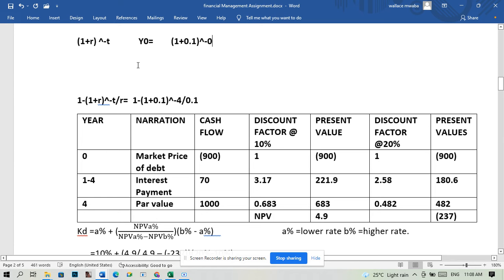You're going to say for year 4, we're going to say 1 plus 0.1 to the power negative 4, and you get 0.863, all right?